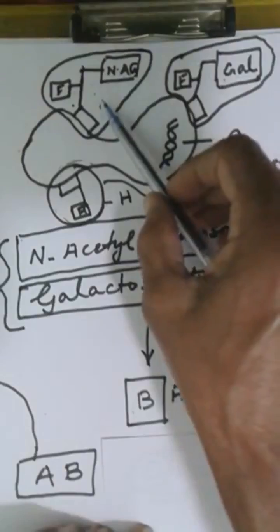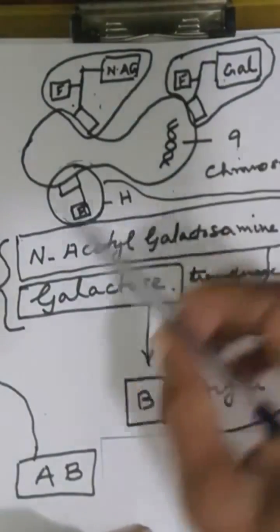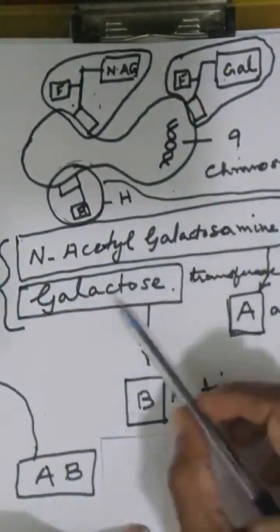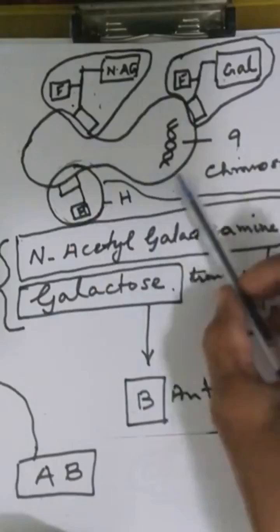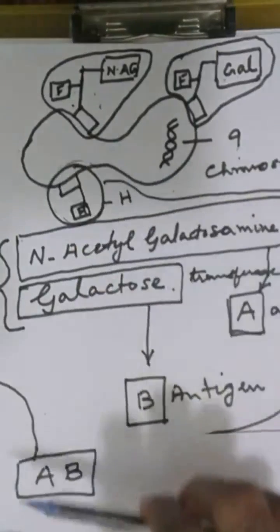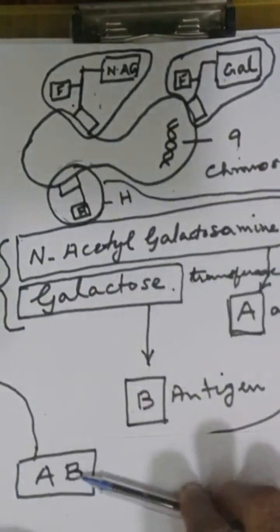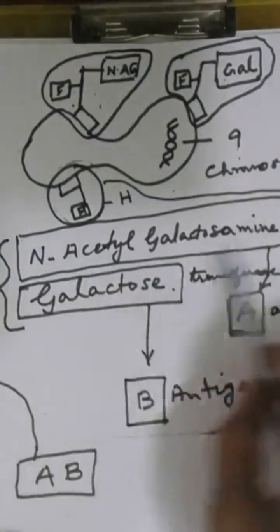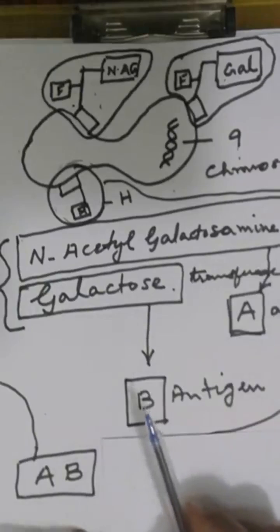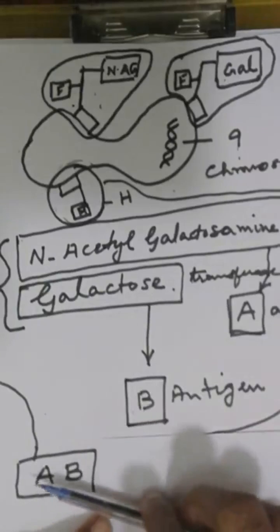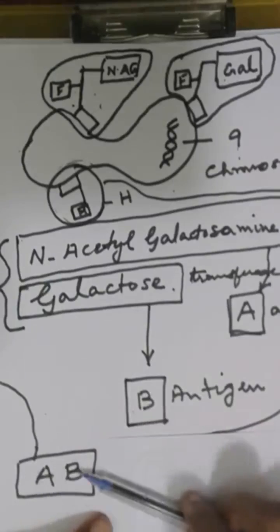So A antigen and B antigen both are available on the surface of the red blood cell of AB person. Both are there. That is why he is called AB person, AB blood group person.